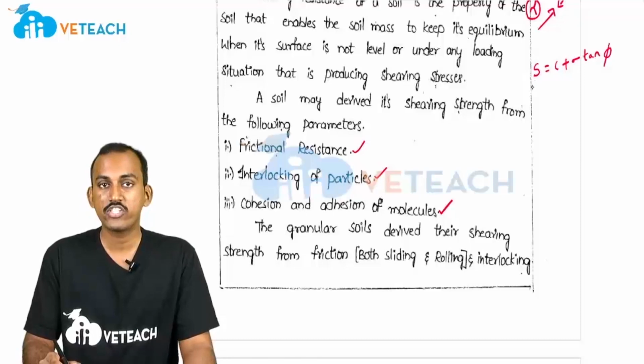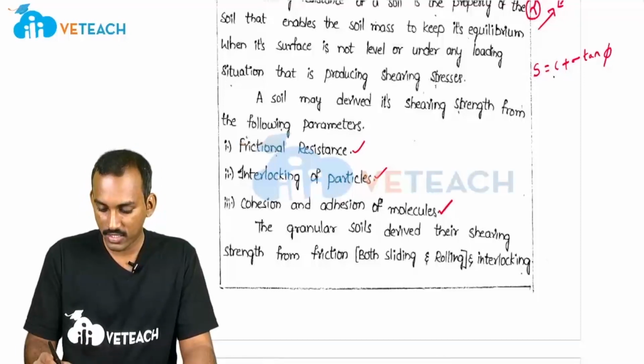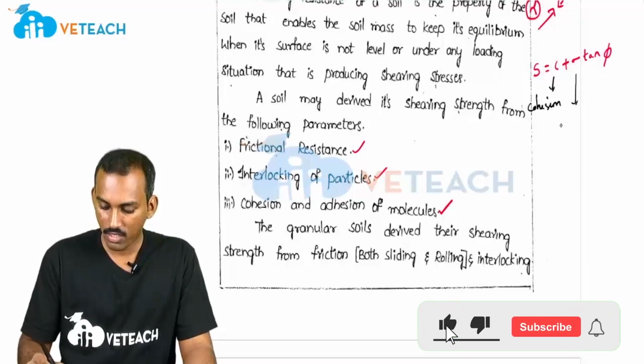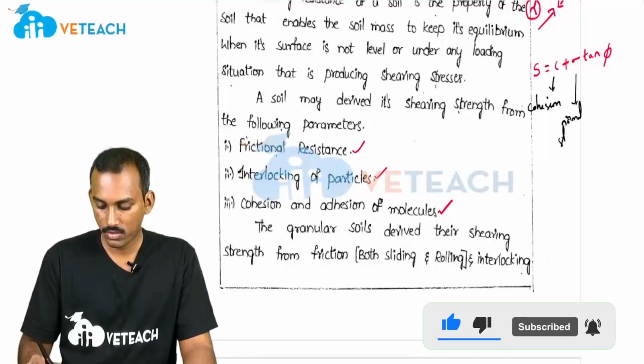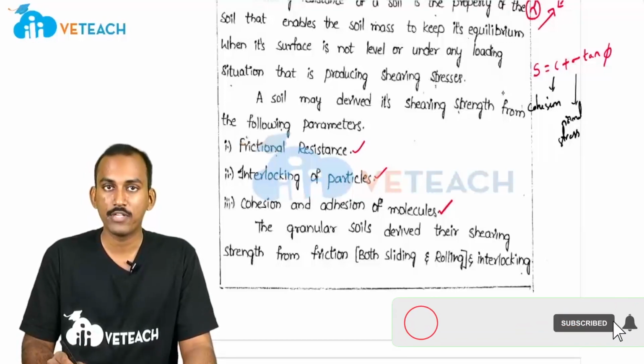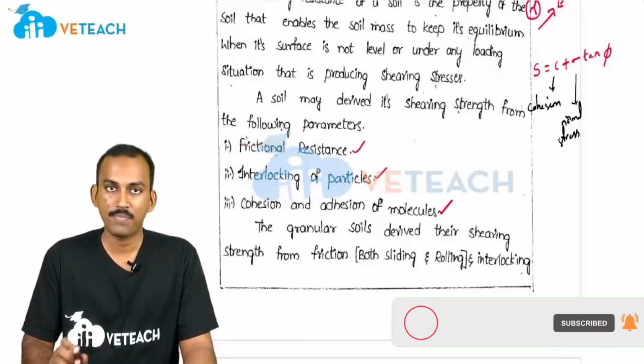Here S is the shear strength and C is the cohesion and sigma is the normal stress. We discussed that stress will have two components, one is normal to the plane, another one is parallel to the plane.